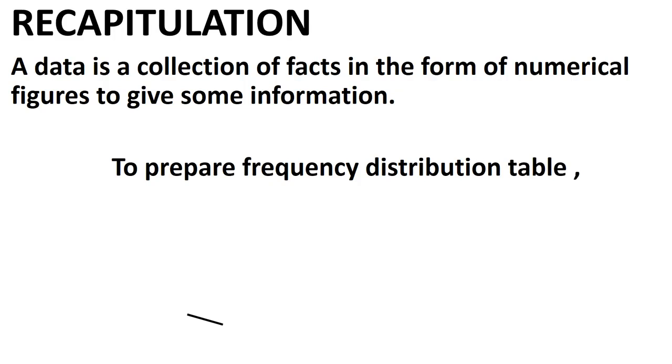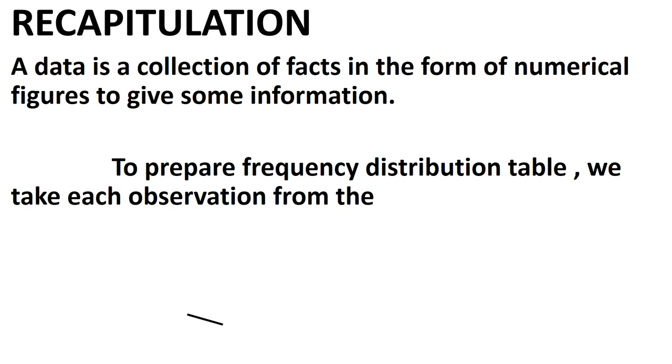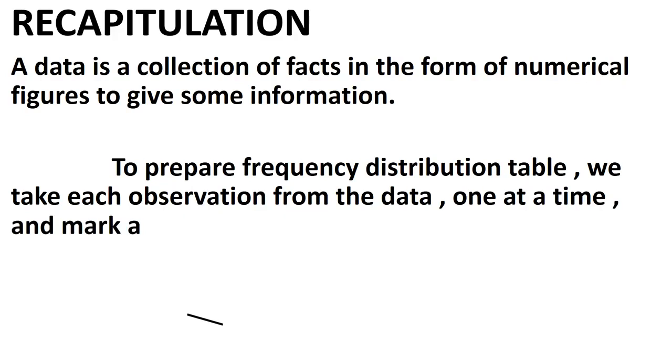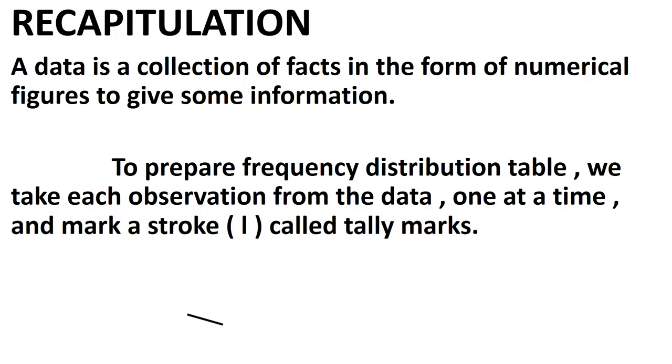To prepare a frequency distribution table, we take each observation from the data one at a time and mark a stroke, one simple line, called tally marks.